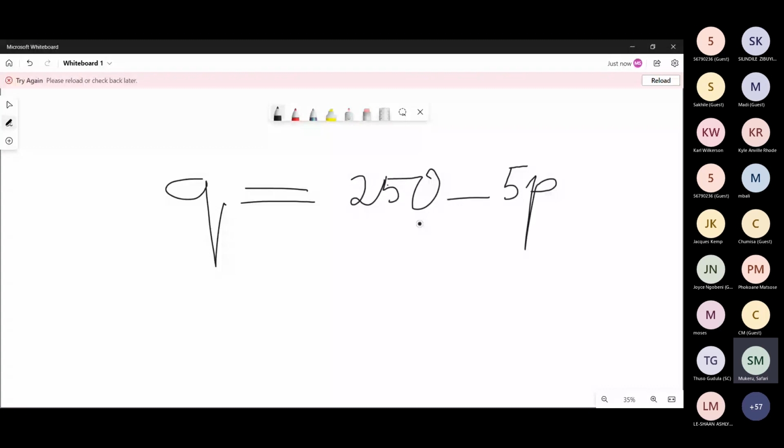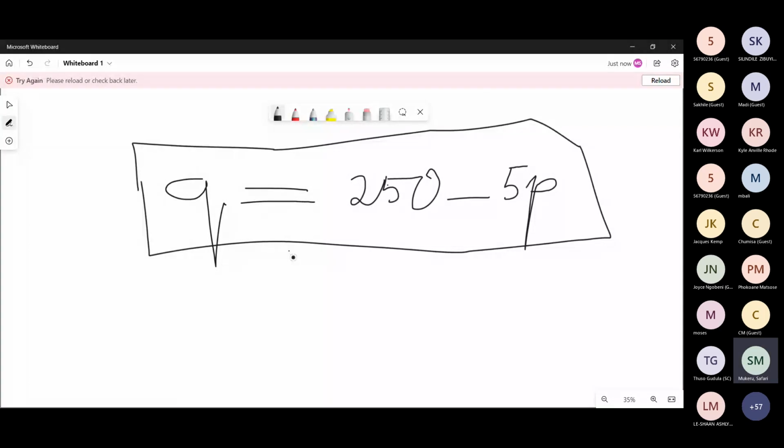Now, if the price varies, then the quantity will also vary, but how? By this expression. If the price of a calculator is, say, $5 to make it more meaningful, if P is 5, how many calculators will the company sell?